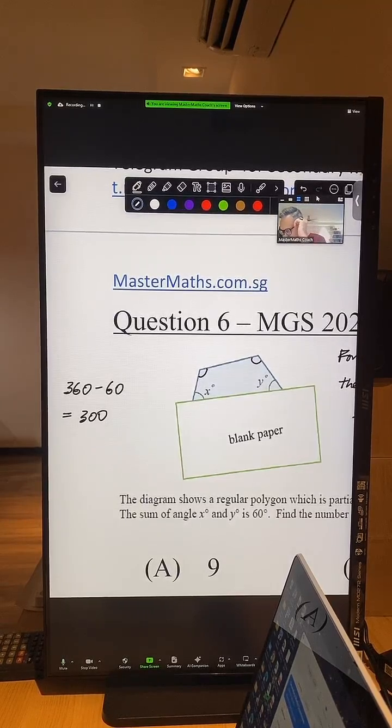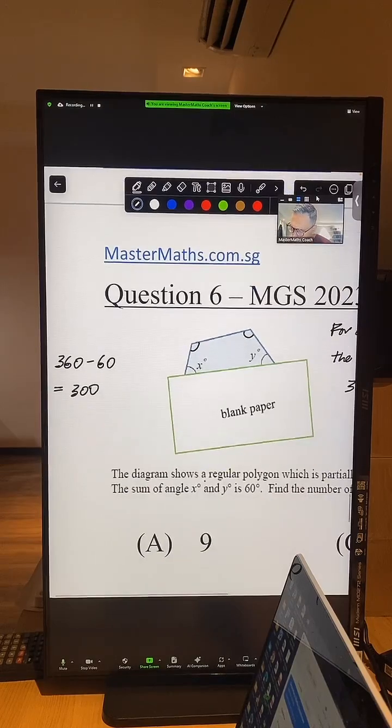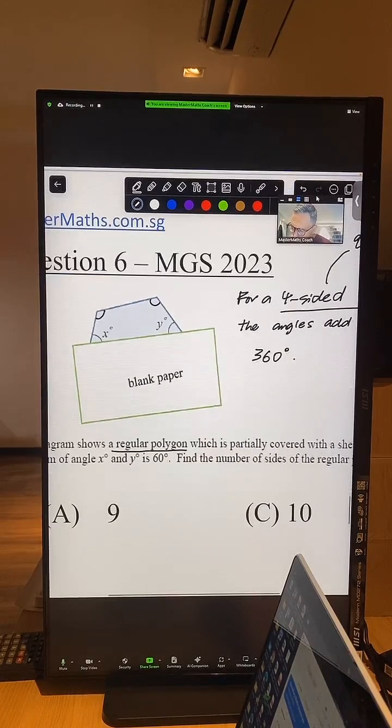Okay? And then they tell you that this is a regular polygon. So regular polygon again, you all should know that this means equal sides, equal angles. The sides are the same length, the angles are the same.